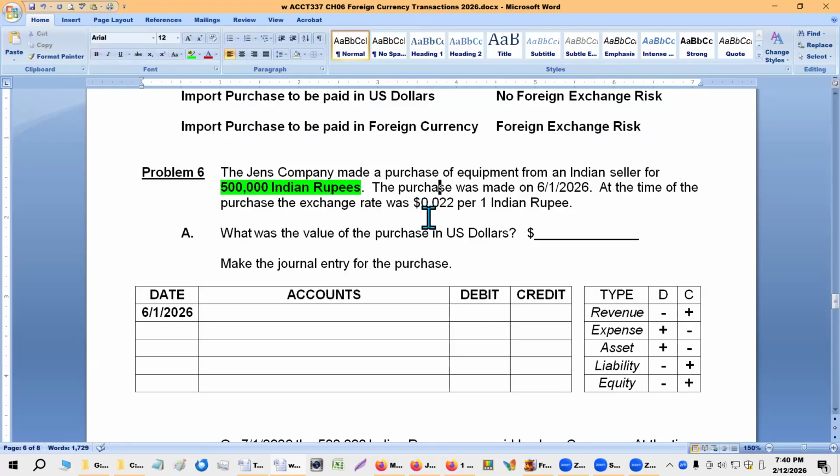So here's what's going to happen. We just lost how many we had. 500,000 rupees. When we pay this off, we're going to go buy 500,000 rupees and pay it to them because they don't want the US dollar. They want rupees. So we have to buy those rupees and then pay them for whatever this is we're buying.